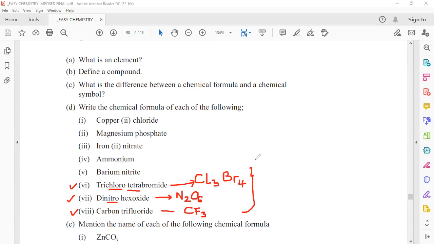Basically this is what we call the chemical formulas of non-metals. They only involve non-metals. If you have NO2, that is mononitrogen dioxide, which is just commonly called nitrogen dioxide.